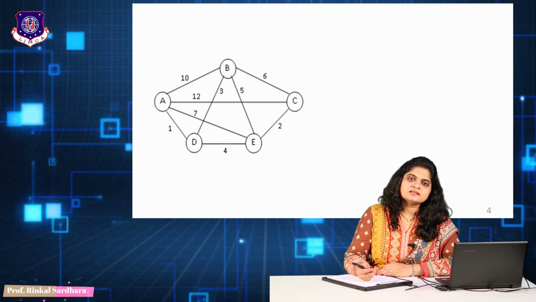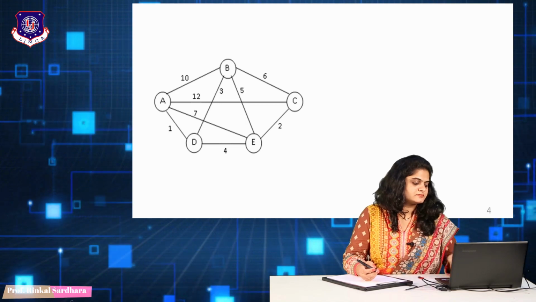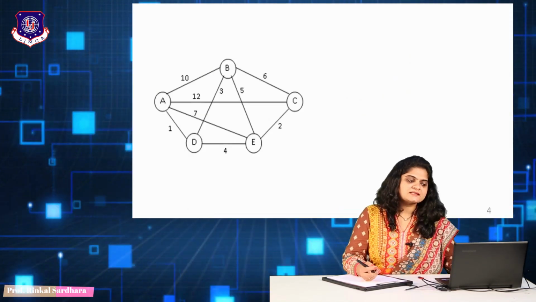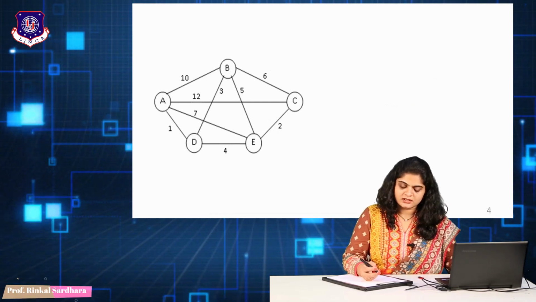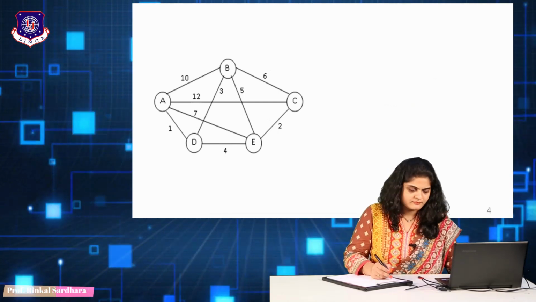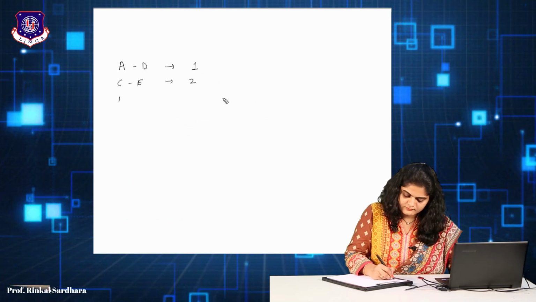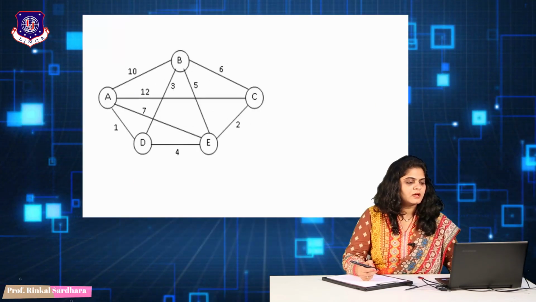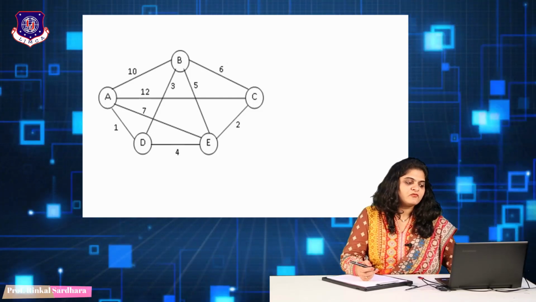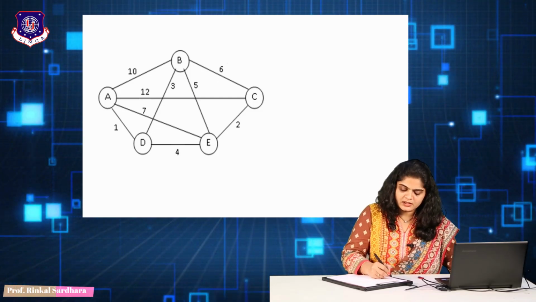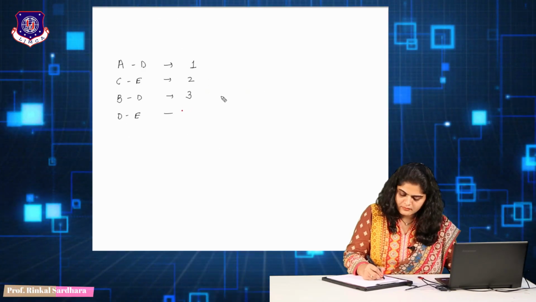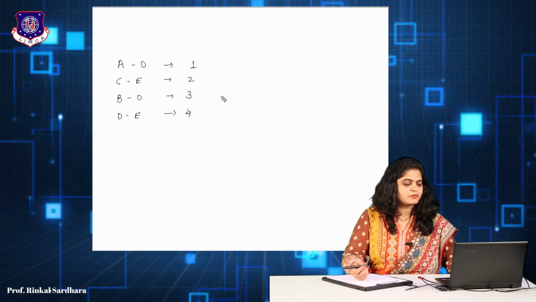The next edge is B to D having value 3. The next is 4, that is D to E, value 4.